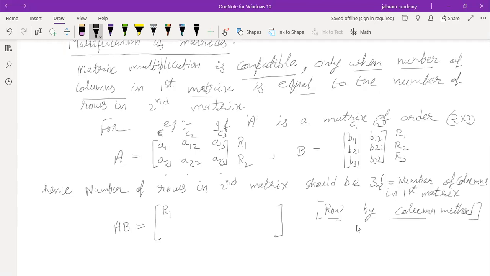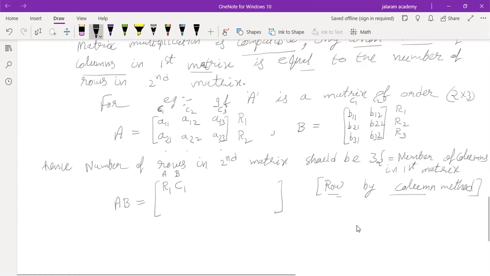And we will take column 1 from the second matrix. I am writing this in short, R1, C1. R1 is the row of matrix A and C1 is column 1 of matrix B, which is B11, B21, B31.